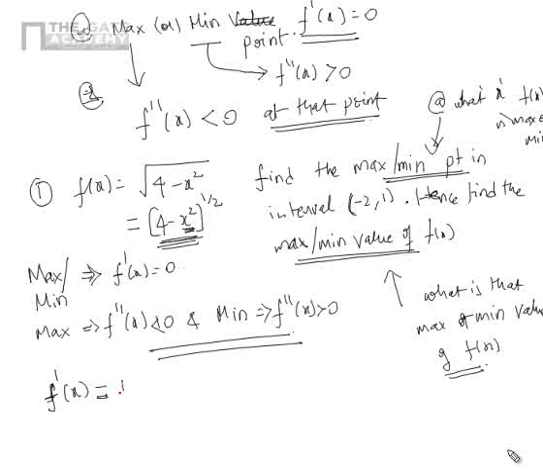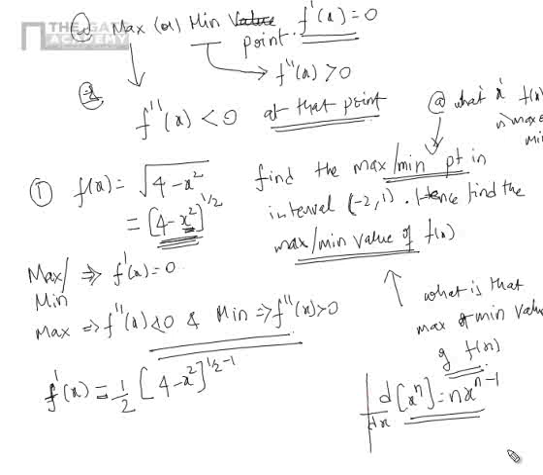So f dash of x will be 1 by 2 4 minus x square the whole power 1 by 2 minus 1, because the derivative of x power n is equal to n into x power n minus 1, correct?